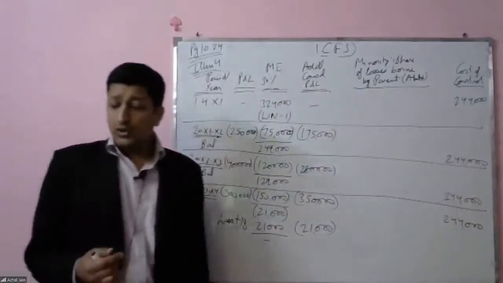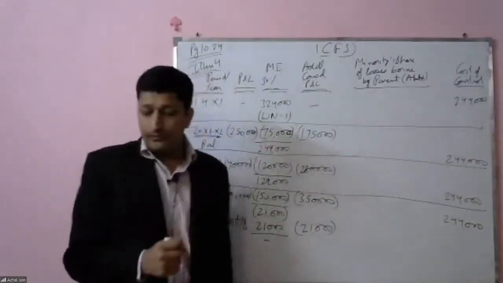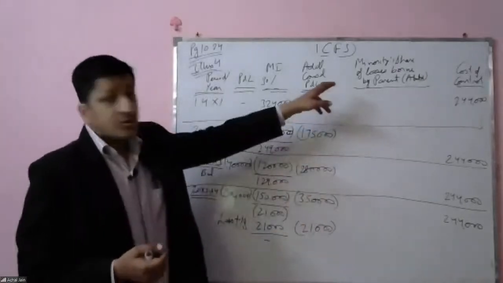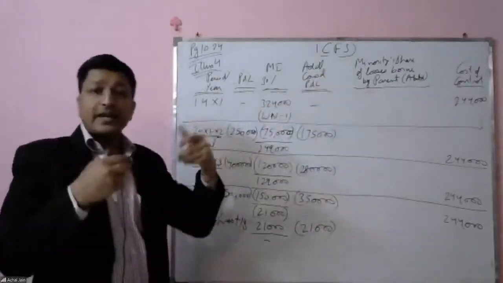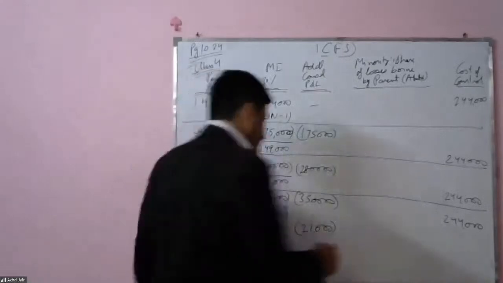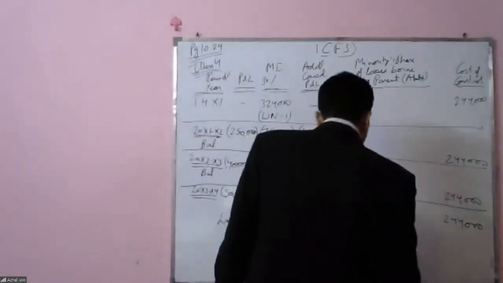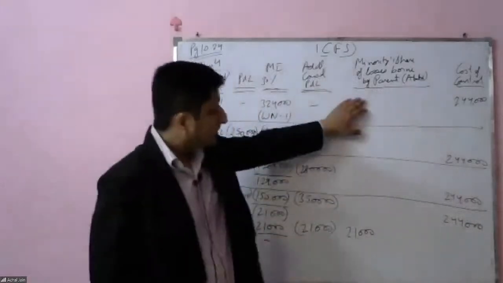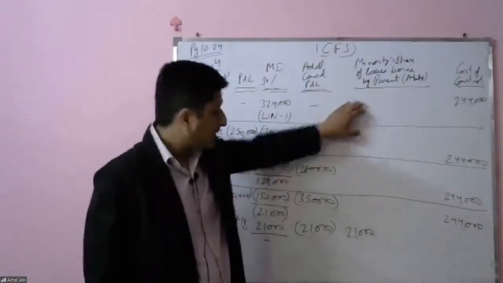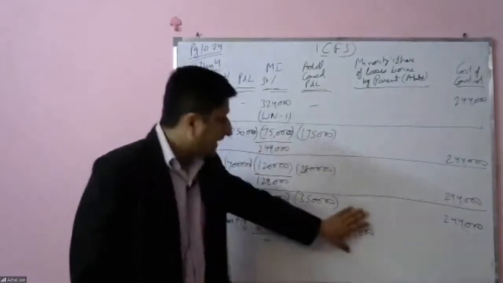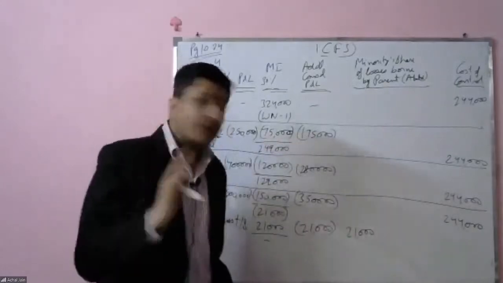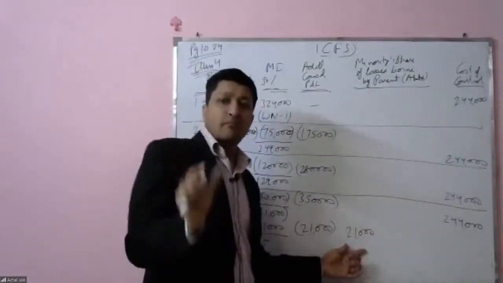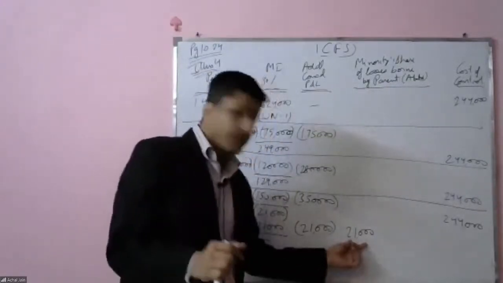Now, if you want to know the portion of loss of minority which the parent has absorbed, that is 21,000. During the year 20X4, 21,000 is the amount which the parent has borne towards minority.